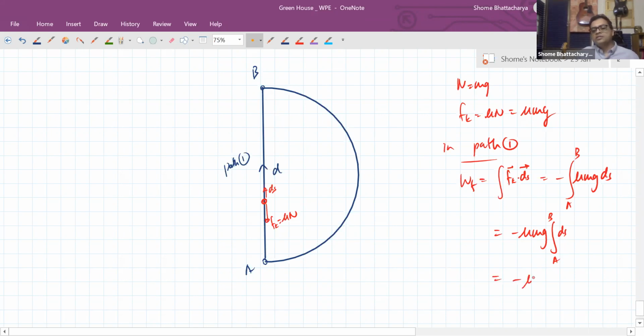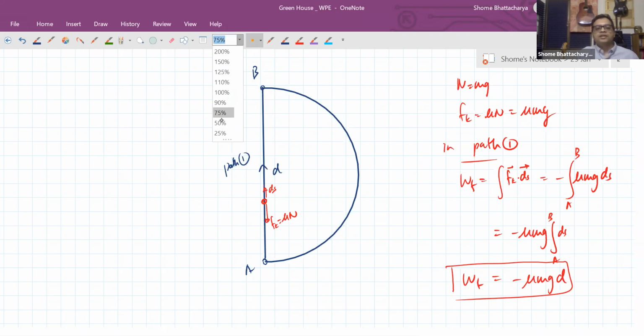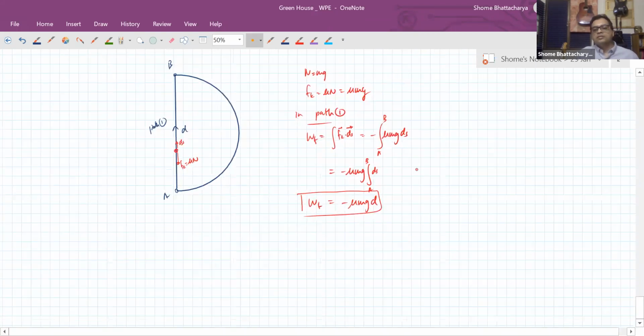So it will be minus mu mg d, because here integration ds will be the path length from A to B.